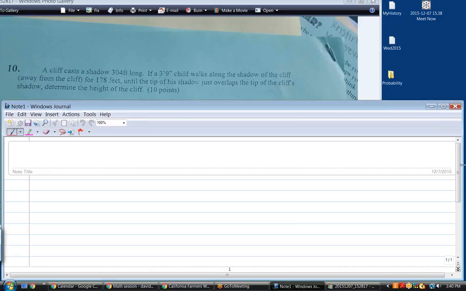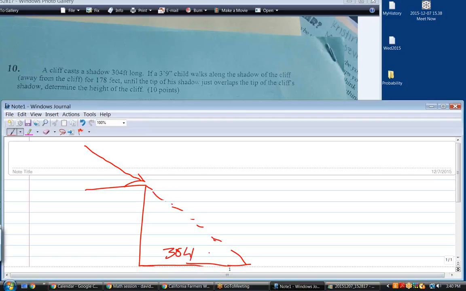Okay? Now, in this problem, they're saying here's a cliff at a right angle, and the cliff casts a shadow. In other words, the sun's coming from that direction. The cliff casts a shadow where this is 304 feet, the base of that triangle.